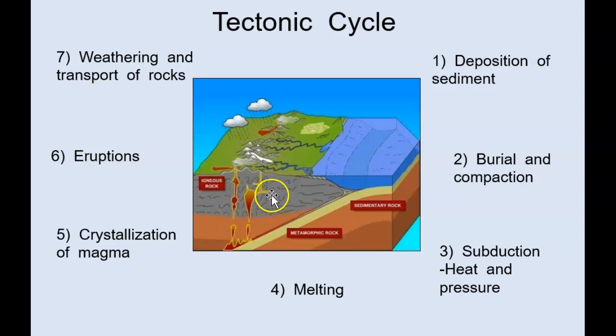So again, if it cools and is made into rock below the surface, it's intrusive. If it cools outside and is made into rock, it's an extrusive igneous rock. And again, being made into rock from something that is molten is called crystallization of that magma.